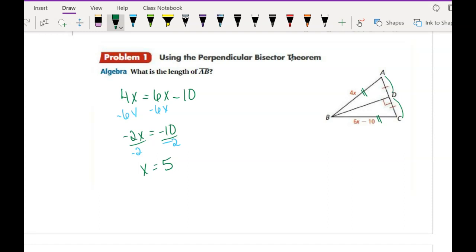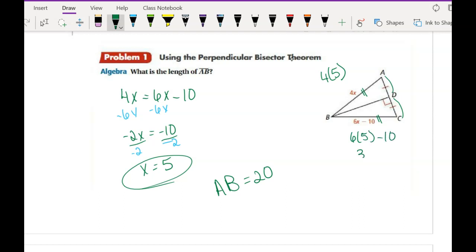Am I finished? Nope. I just know that x is 5. So now I'm going to say 4 times 5. So the length of segment AB is equal to 20. What is the length of segment BC? It should also be 20. So if I plug that in, 6 times 5 minus 10, it's going to be 30 minus 10. So that gives me 20.